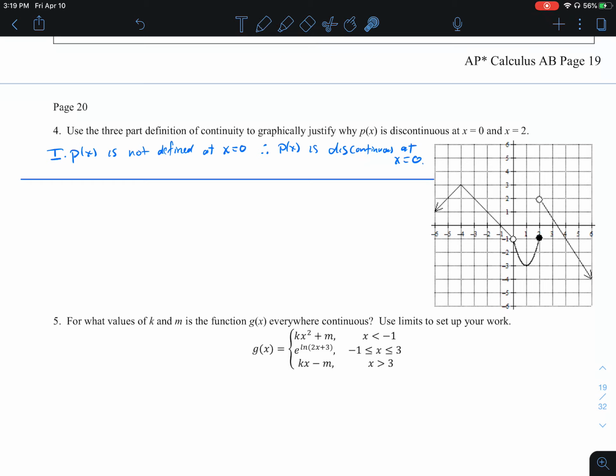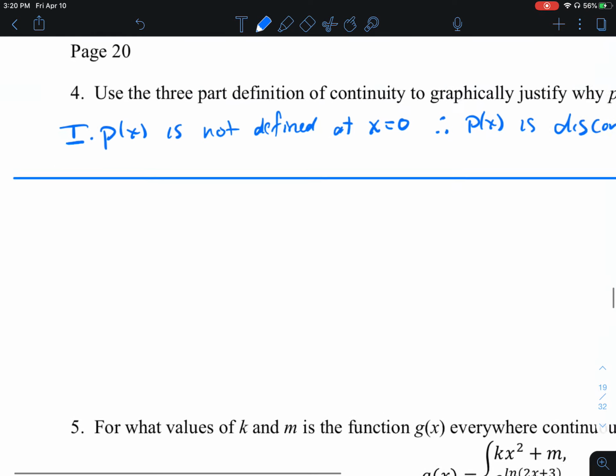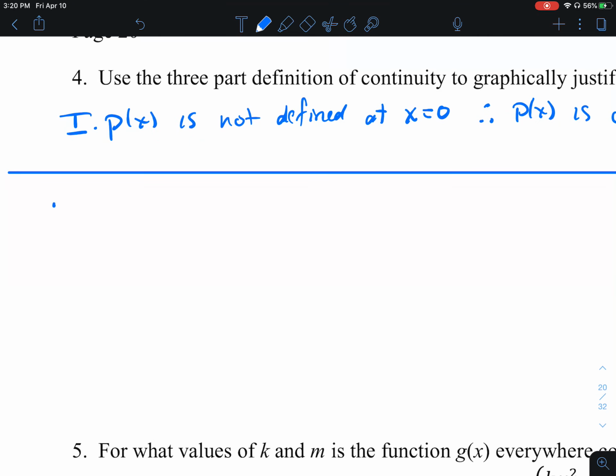What about at 2? Is it defined at 2? It sure is. Does the left and right limits agree at 2? They do not. So part 1 of this, p of x is defined.